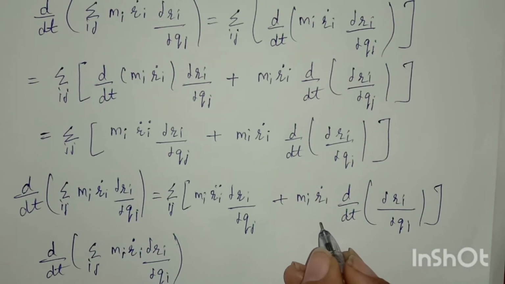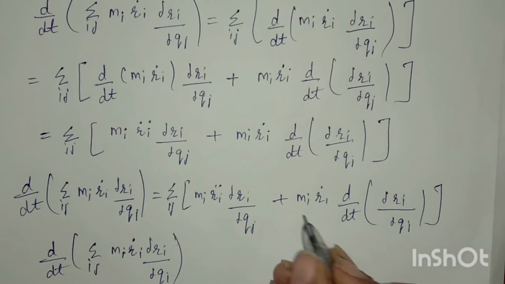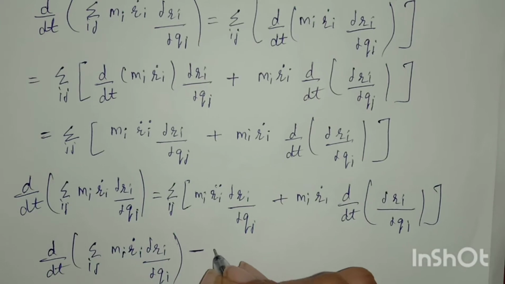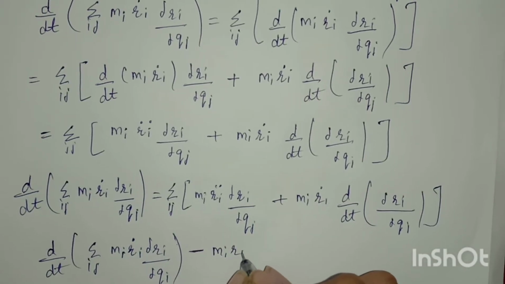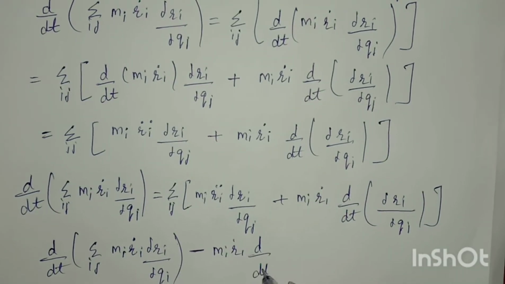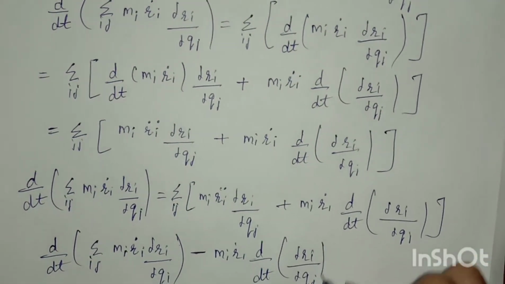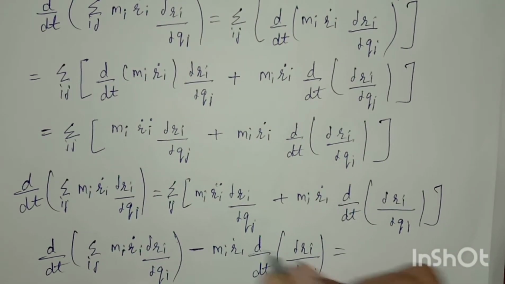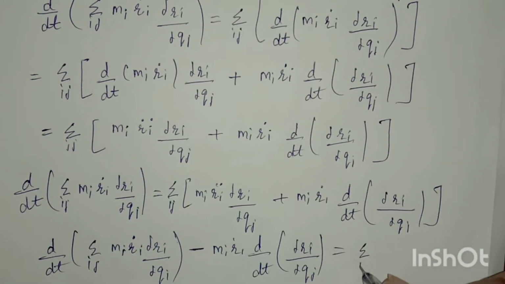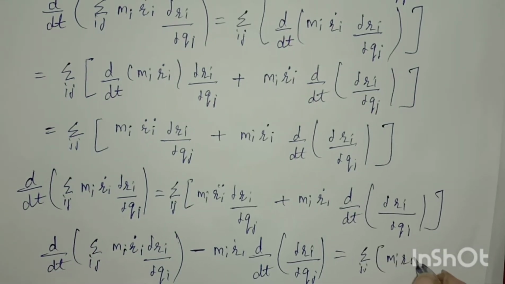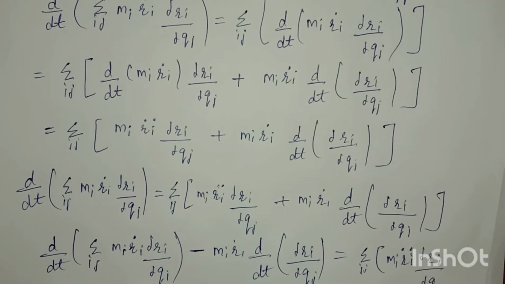This term is on the right side of the equals sign, so when it goes to the left side its sign changes and it becomes negative: mi Ri dot d upon dt ∂Ri upon ∂Qj, bracket close, is equal to summation ij mi Ri double dot ∂Ri upon ∂Qj.